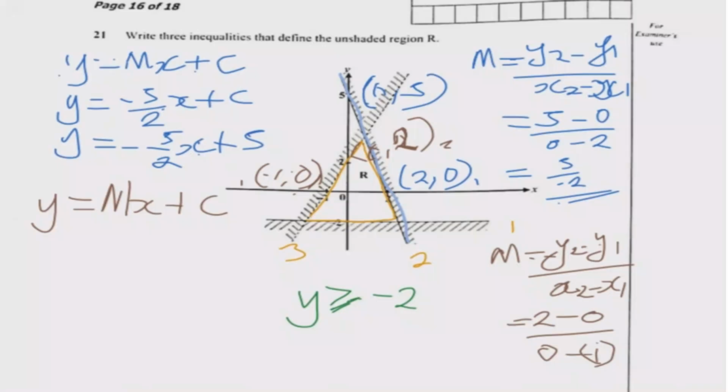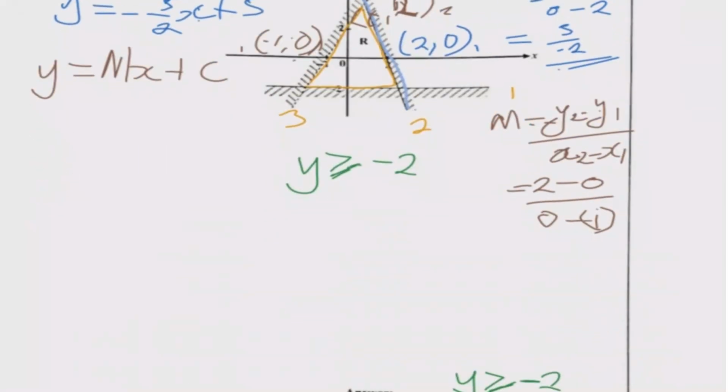Now we can evaluate that. 2 minus 0 gives us 2, over 0 minus negative 1.